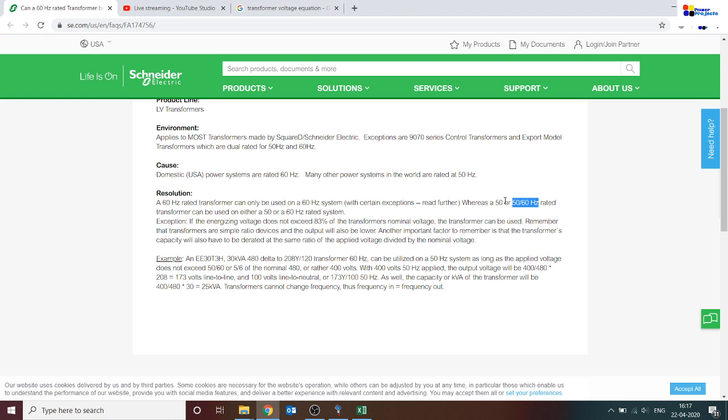But normal power transformers at 50 hertz can be used at 60 hertz with increased real and reactive power loss and increased voltage drop. But vice versa is not true. That means a 60 hertz designed transformer cannot be used at 50 hertz. If you still try to use it, you can use it at a reduced 83% of the voltage as well as at a reduced rating of 83%.